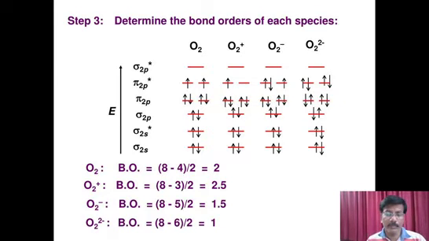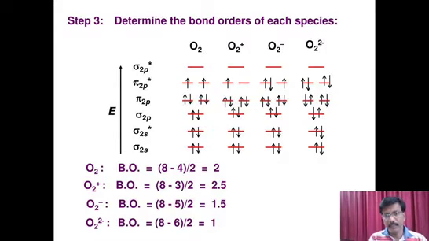Now, when you look at O2 minus 2, what is the total number of electrons? Oxygen 8, another oxygen 8, that is 16. The minus 2 means 2 electrons are extra added, so altogether 18 electrons. Out of 18 electrons, how many are bonding and how many are anti-bonding?